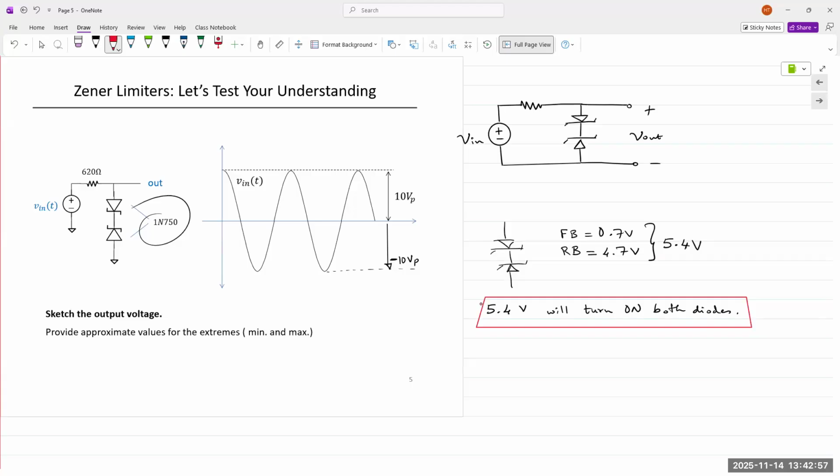Below 5.4, the diodes are off, and then V out is exactly the same as V in. So if I was to draw out the output waveform on here, let's say this is 10, half here is 5, and I'm just going to say this is 5.4. My output will look something like this.